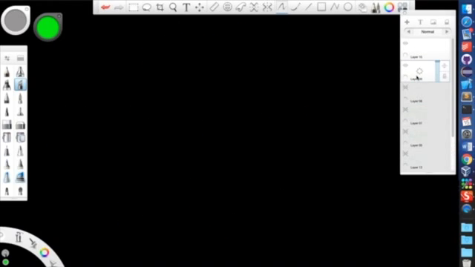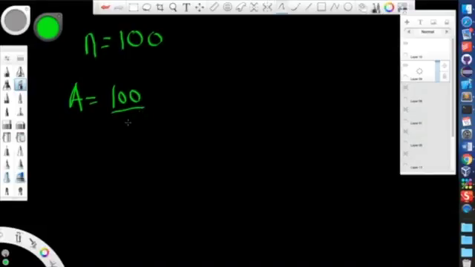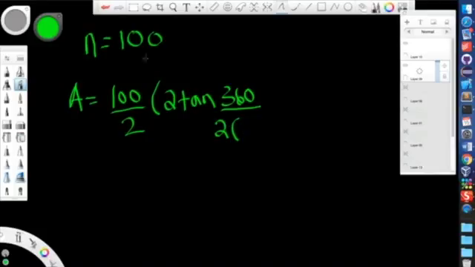Clear the screen. Let's jump way ahead and make n equal 100. We're going to use 100 triangles to form a circle. So let's bring back the formula. A equals n over 2, so 100 over 2 times our base, 2 tan 360 over 2 times our number of triangles, 100, times our height, 1.